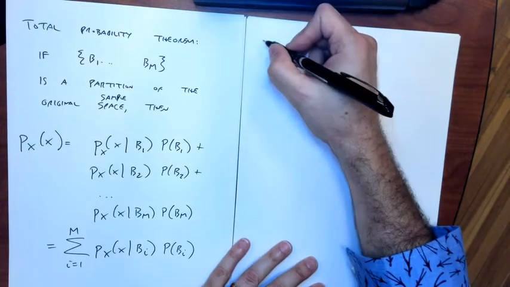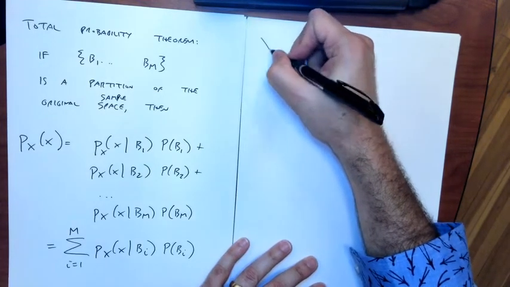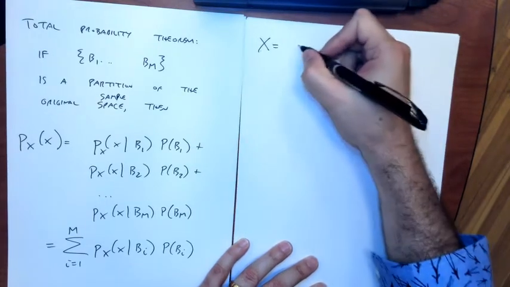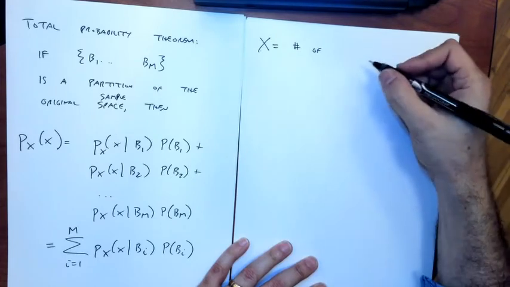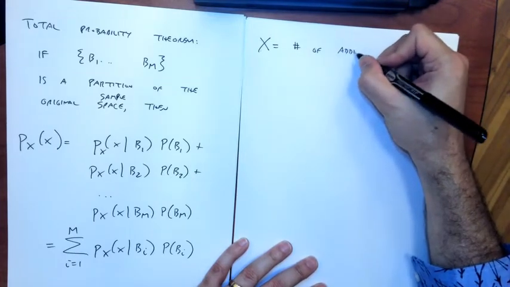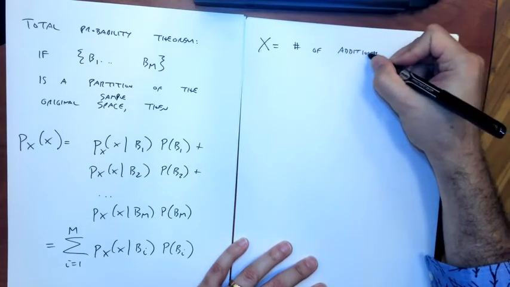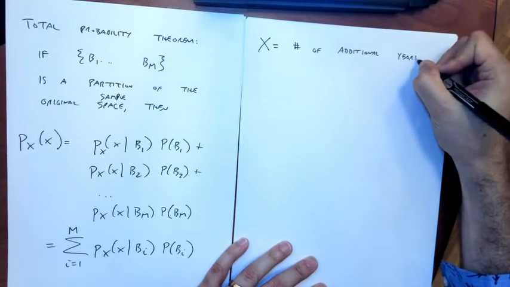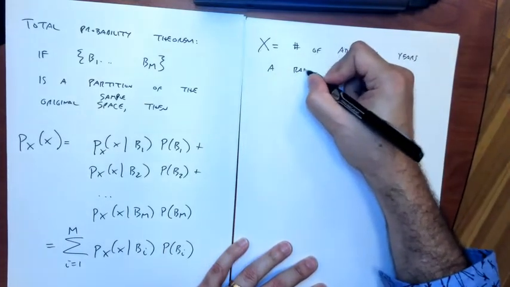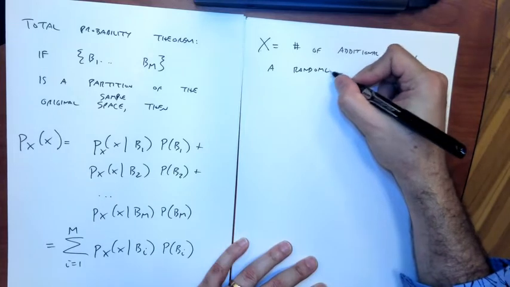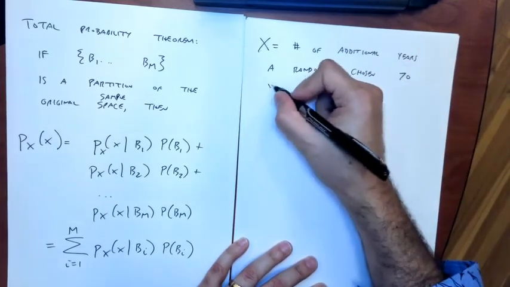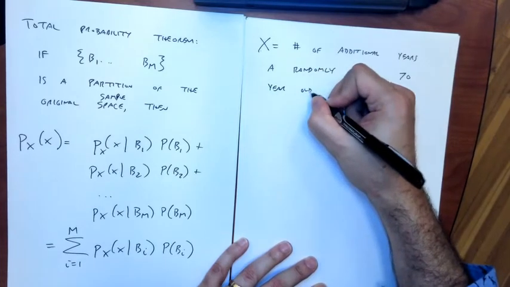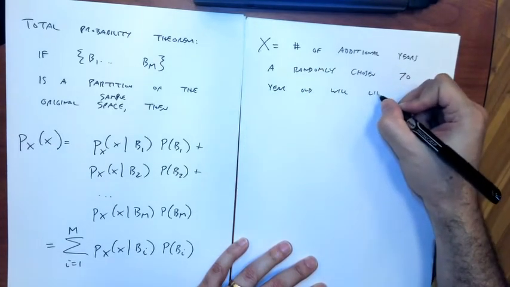So let's suppose that I let x equal the number of additional years a randomly chosen 70-year-old will live. Okay?